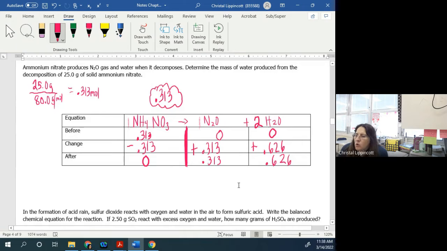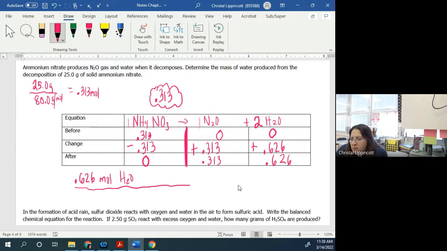They want to know the mass of the water here. So I'm going to take that 0.626 moles of water and I'm going to multiply that by 18.0 grams per 1 mole.